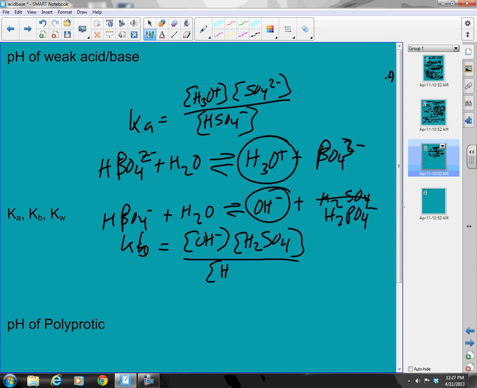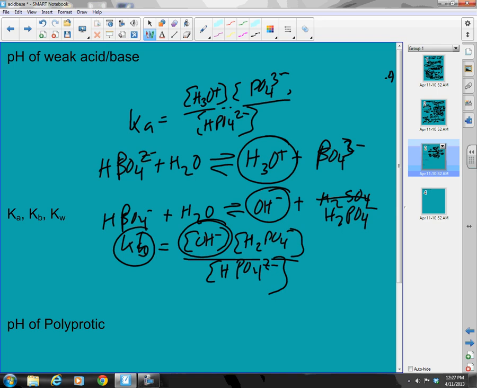Sorry. You'll understand why that is in a sec. Good. So this would be PO4 3 minus, and this would be HPO4 2 minus, and this would be H2PO4 minus, and this would be HPO4 2 minus. Point being, for me to have a Kb, I have to have hydroxide in that, and if I have a Ka, I have to have a hydronium.